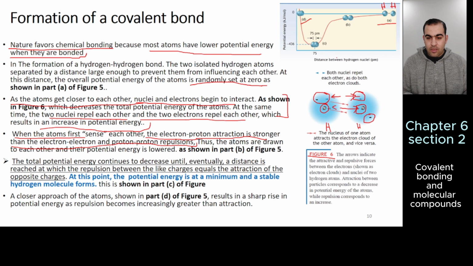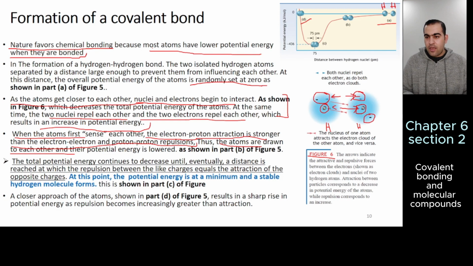When attraction is more than repulsion, the atoms are drawn to each other. They get closer to each other. Because of high attraction, the potential energy is lower. We said attraction causes the potential energy to decrease. So at the beginning, attraction is high, they get closer and their potential energy decreases.